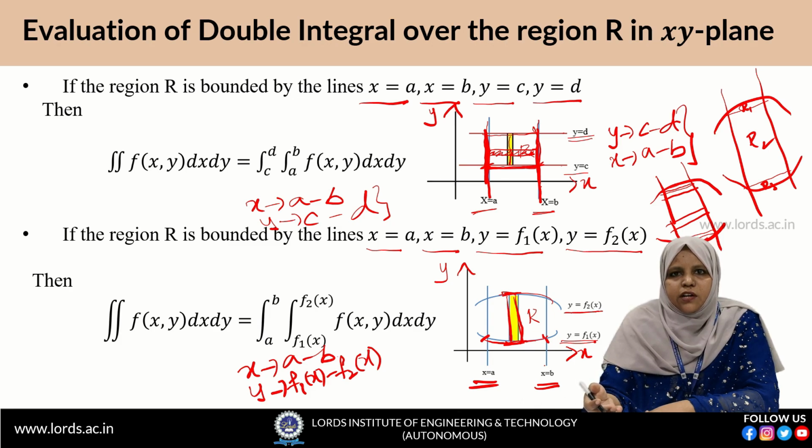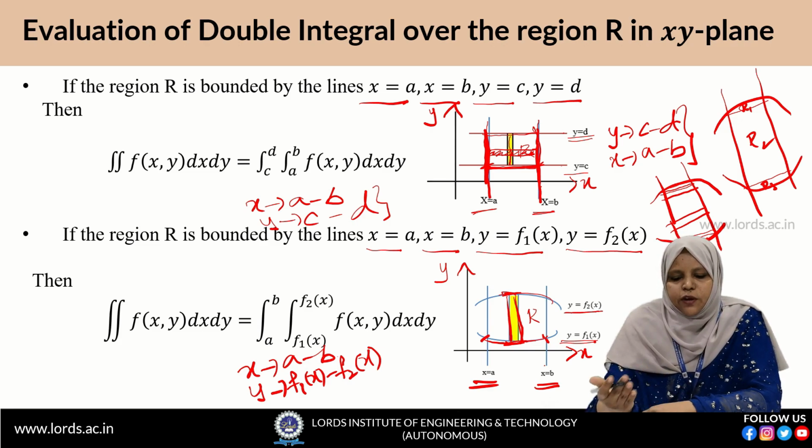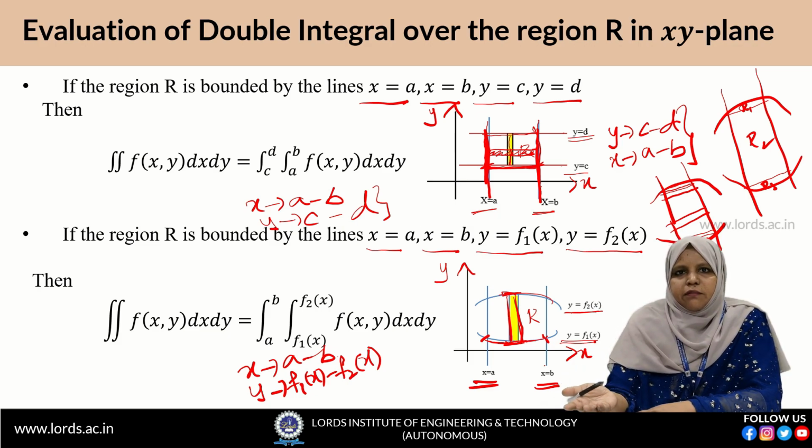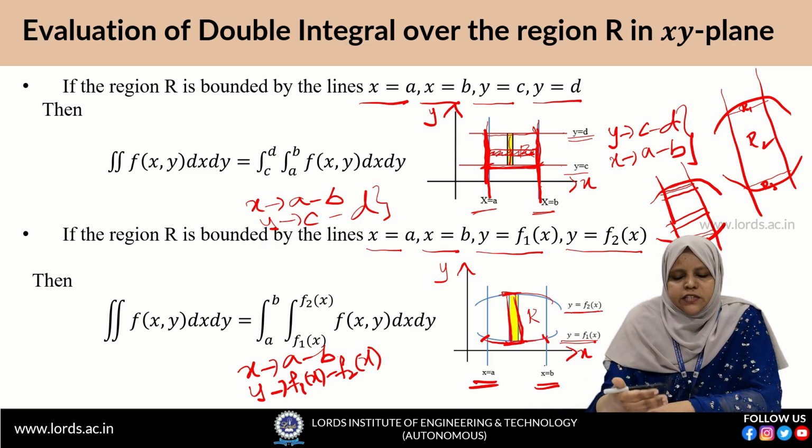Instead, if you take a vertical strip, that can be done in one step. You can evaluate the double integral over the whole region at a time. With a horizontal strip, you have to divide the region into three parts, R1, R2, R3, which will take time as well as be hectic. So it's better we consider a vertical strip in such types of regions.